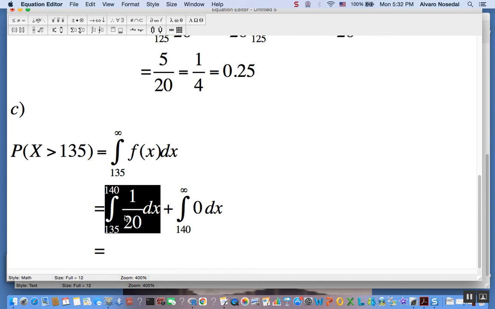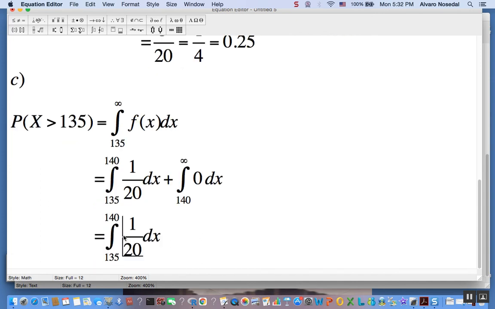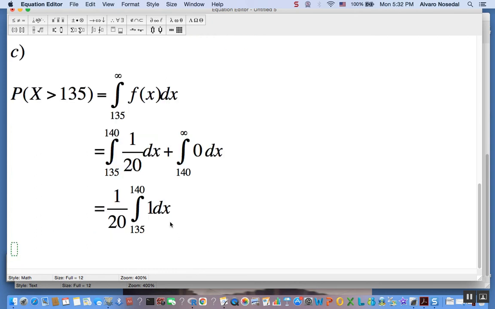We get to factor out 1 over 20. Right? And then it's just going to be 140 minus 135 divided by 20.